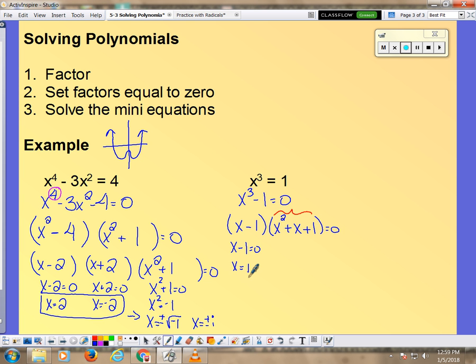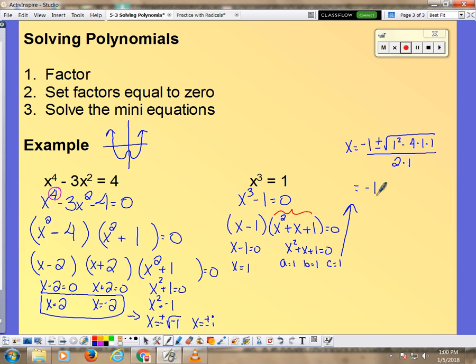This piece over here, though, on the other hand, is going to be x squared plus x plus 1 equals 0. And I need to recognize that a is 1, and b is 1, and c is 1, and plug that into the quadratic formula. So, going this way, that's going to become x equals negative b plus or minus the square root of b squared minus 4 times a times c all over 2 times a.